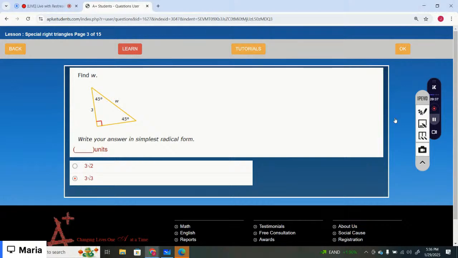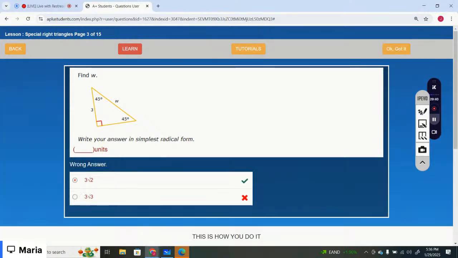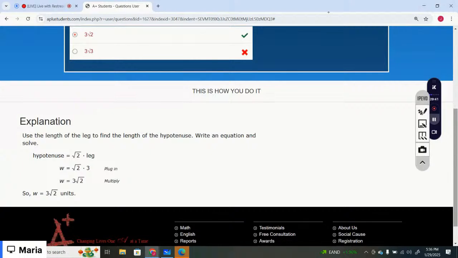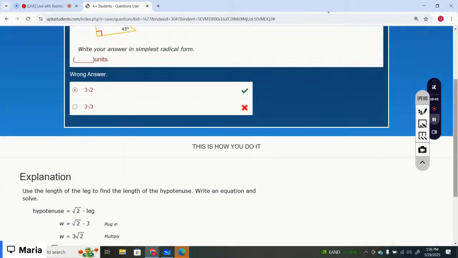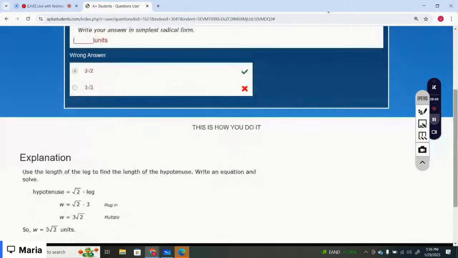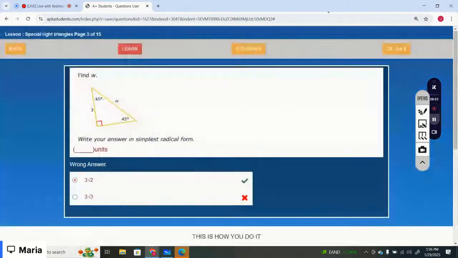That is 3 times square root 3. Option number 2 is that. You have to calculate square root 2 times the leg because you need to calculate the hypotenuse. So that is 3 square root 2. Option number 1 is the correct option.